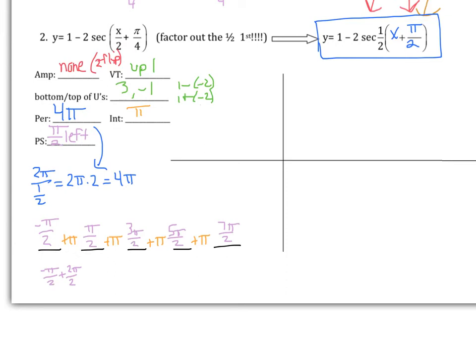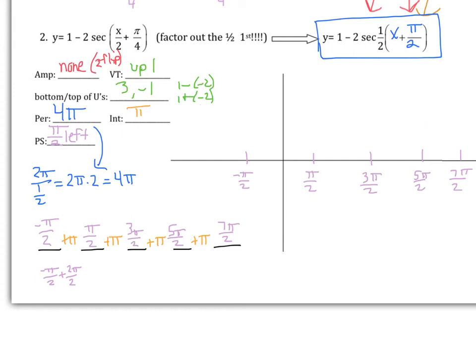Alright, so I'll start with my x-axis. Notice that 0 is not on my x-axis. So negative pi over 2, positive pi over 2, 3 pi over 2, 5 pi over 2, and 7 pi over 2.